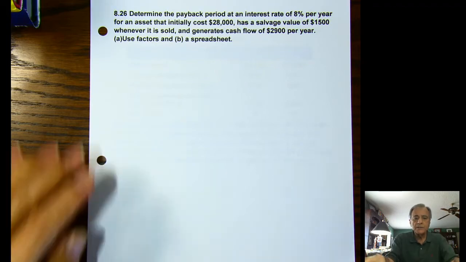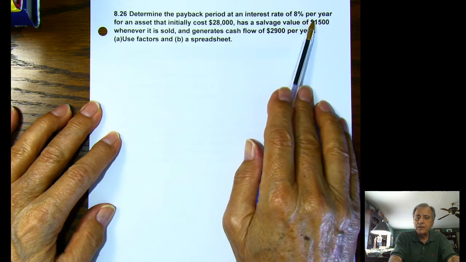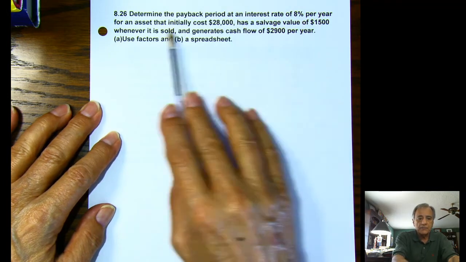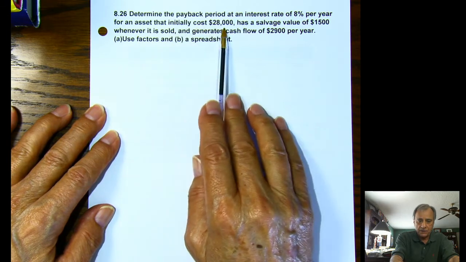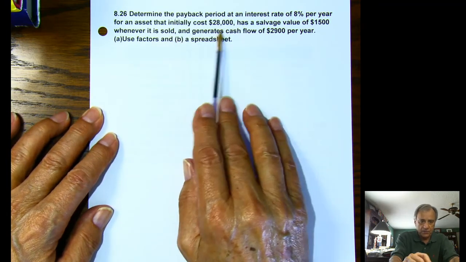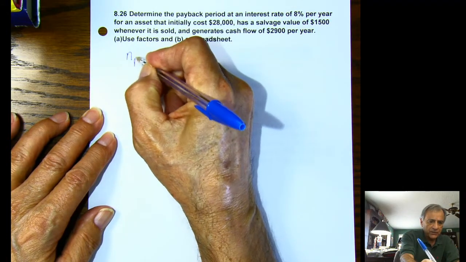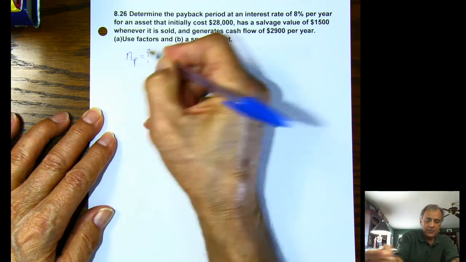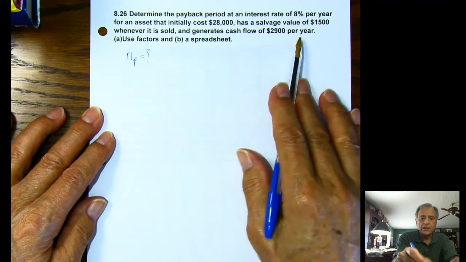And it says, determine the payback period at an interest rate of 8% for an asset that has an initial cost of $28,000. So let's stop there and put what we're looking for. N sub P, which is the symbol we use for the number of periods to pay back. N sub P is the question mark.